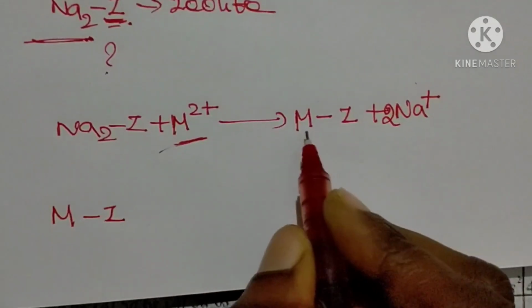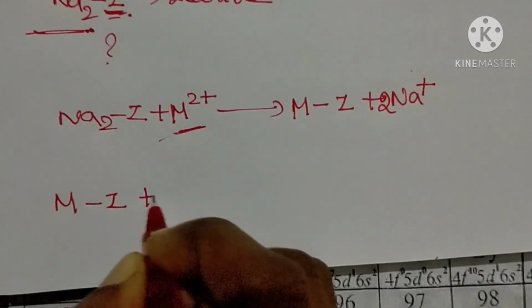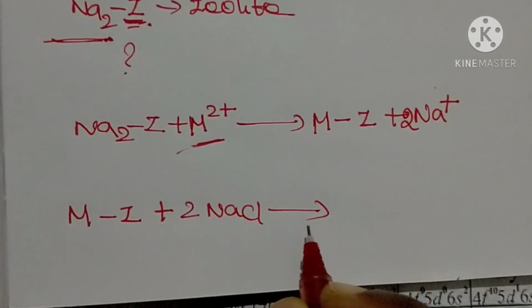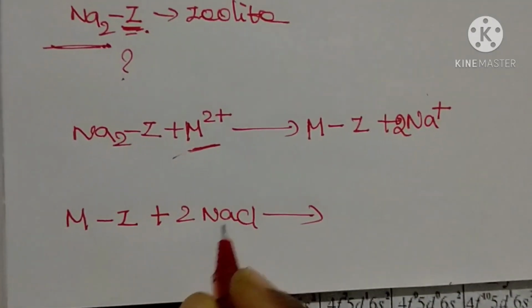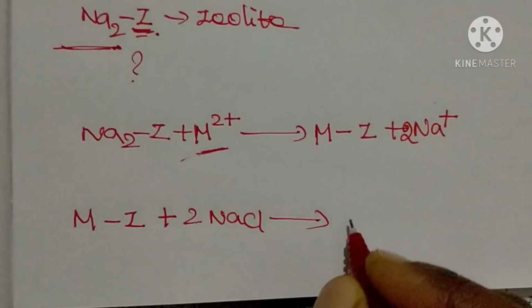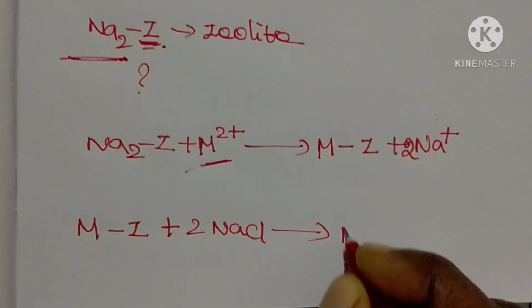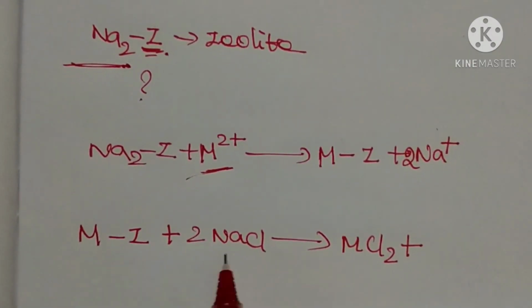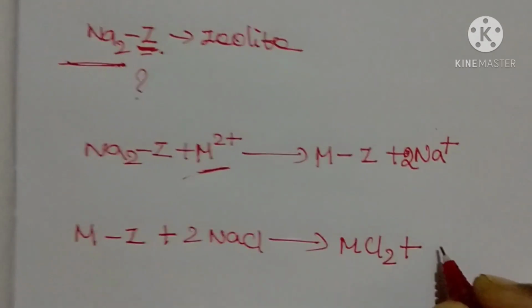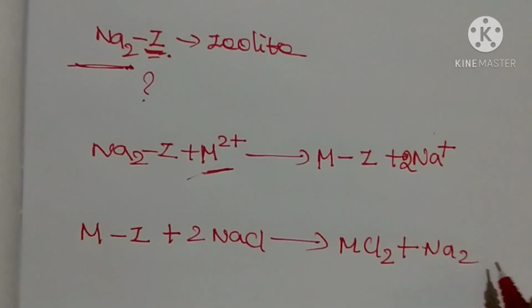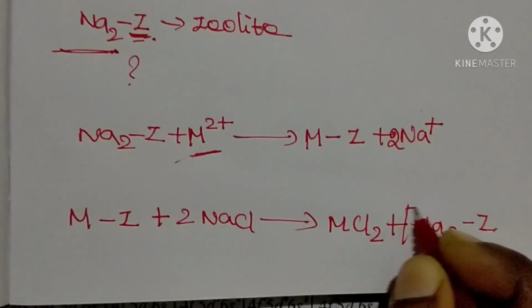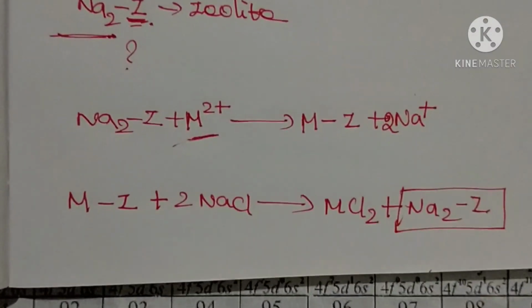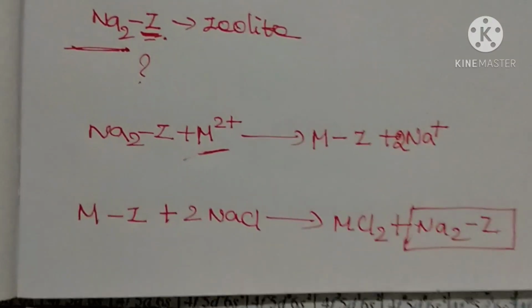For the recombination of zeolite, the metal zeolite is treated with sodium chloride solution, which replaces the metal and forms MCl2, and the zeolite combines with sodium to form Na2Z.